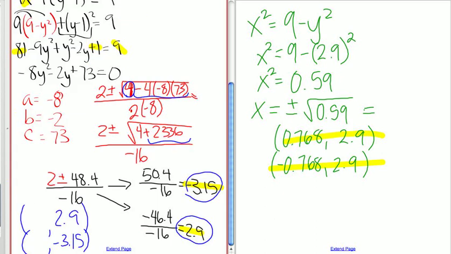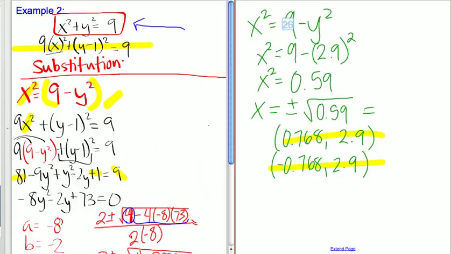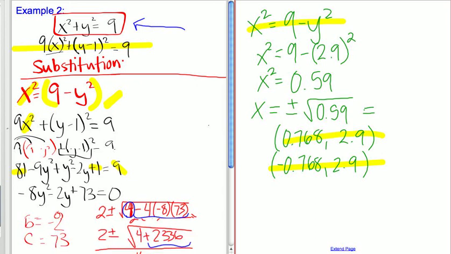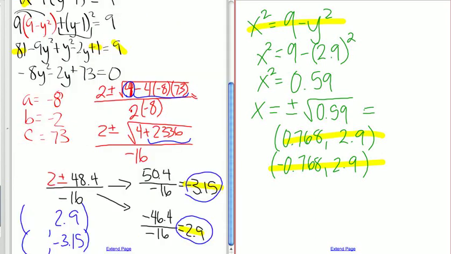Now we have one more variable to plug in. Again, we're going to use this equation that we saw up here, with x squared equals 9 minus y squared. And we're going to plug in, instead of 2.9, negative 3.15. So it's going to be x squared equals 9 minus 3.15 squared.